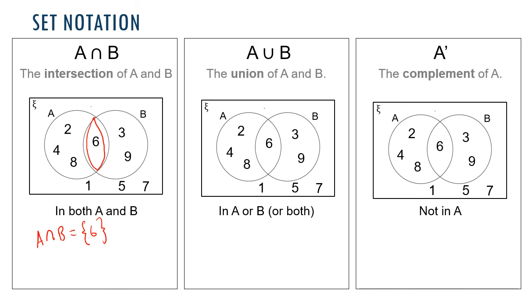Union, remember, means it's in A or B or both. So that's anywhere in those two circles. So using set notation, this is how we'd write it out. And with sets, it's always important to write them out in numeric order.